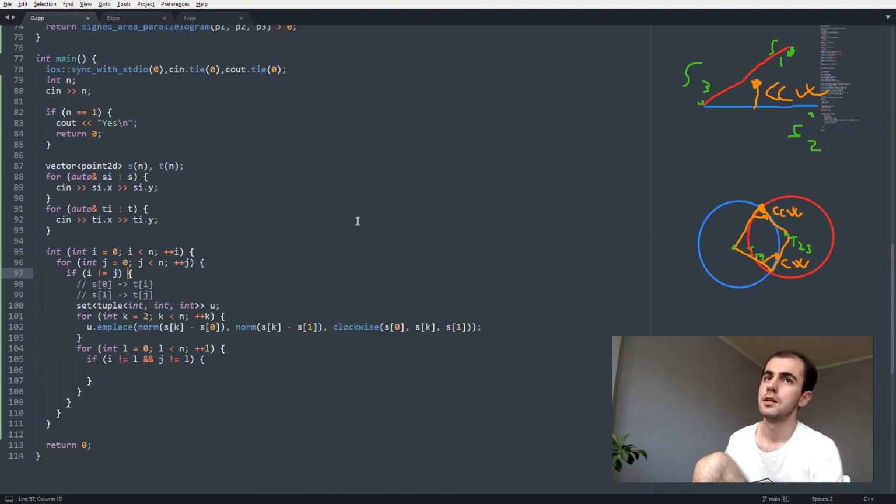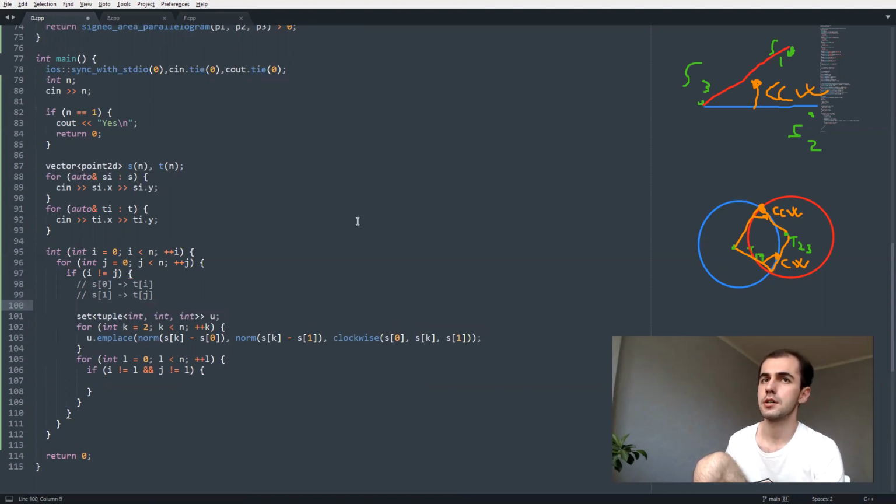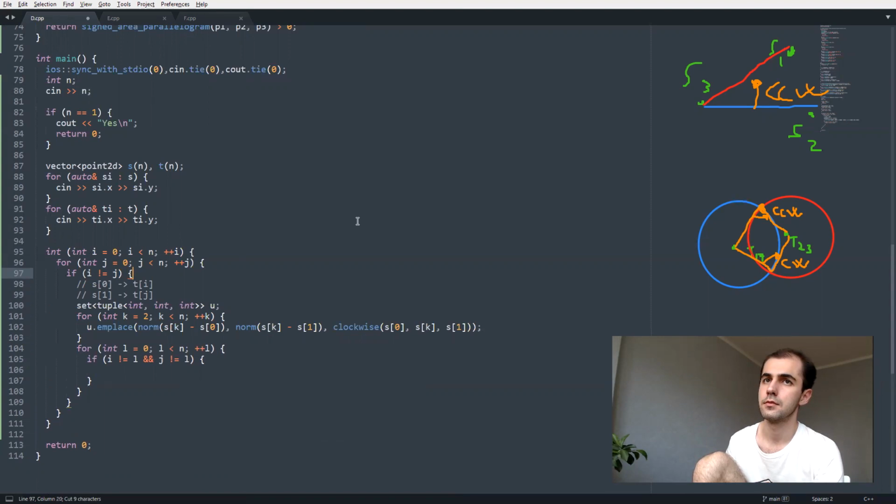I just have to check one more thing, which is if norm of S1 minus S0 is the same as norm of Tj minus Ti.